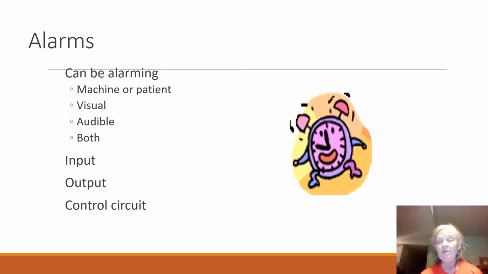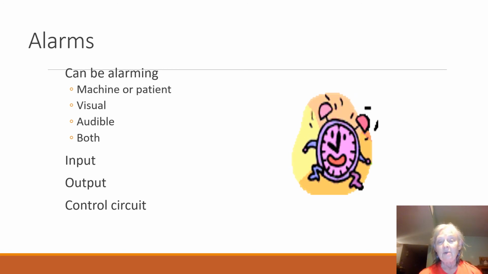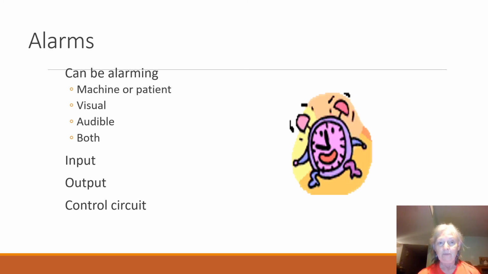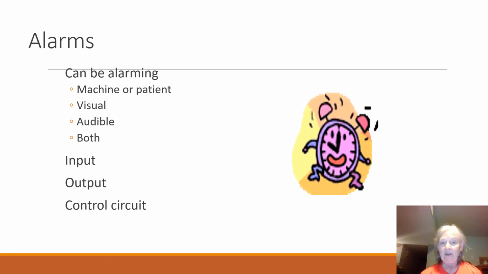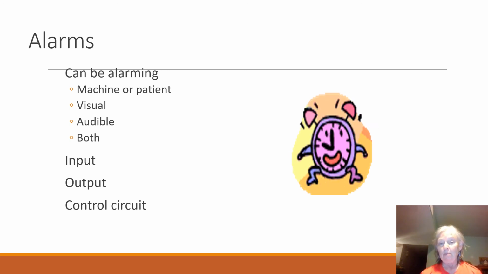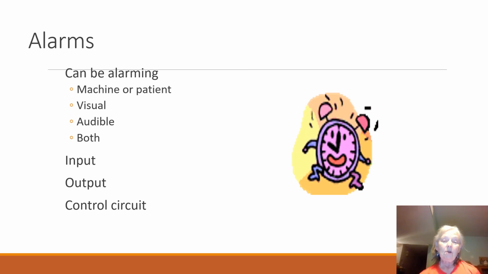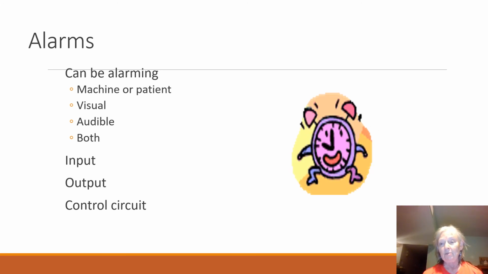Because even if it's one of those alarms that basically self-corrects itself, you still want to make sure that that patient is safe. So alarms can either be about the machine or they can be about the patient. They can be visible, they can be audible, they can be a little bit of both. You have input alarms, you have output alarms, and then you have your control circuit alarms.